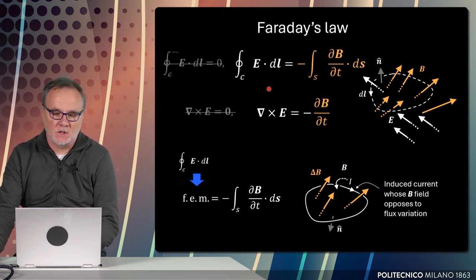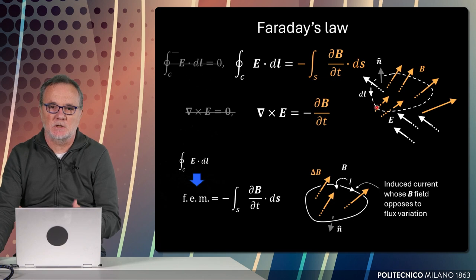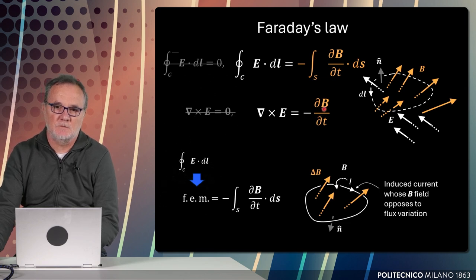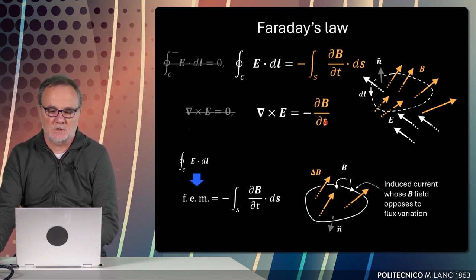This circulation can be carried out over an imaginary line that we plot in space, and unlike the electrostatic case, we observe a non-zero value. This is transferred similarly to the microscopic level, in which the curl of E is no longer 0, but is equal to minus the time derivative of the magnetic induction B.